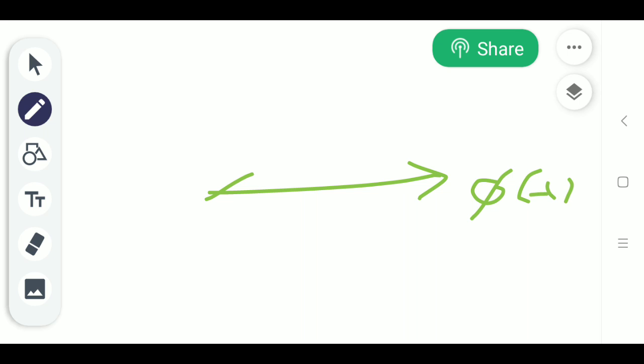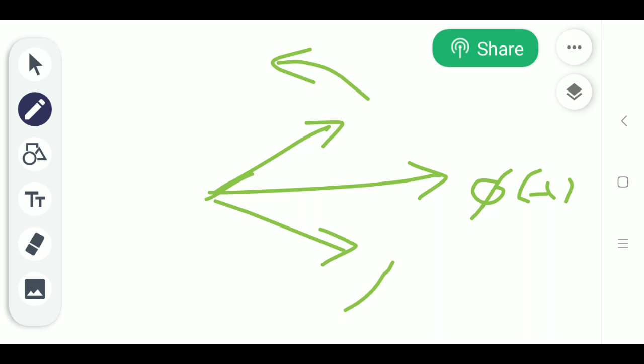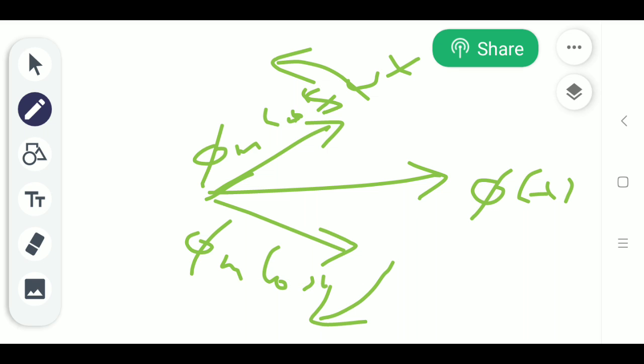So let us see it again. It is as if we have a direction, which is phi t, and this is divided into two fluxes rotating, one in the clockwise and the other in the anti-clockwise direction. Each has magnitude phi m by 2, obviously half of it.